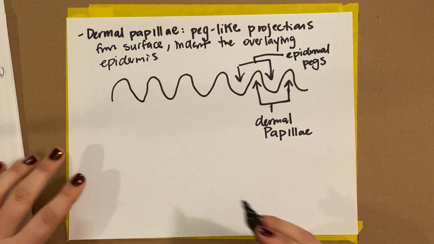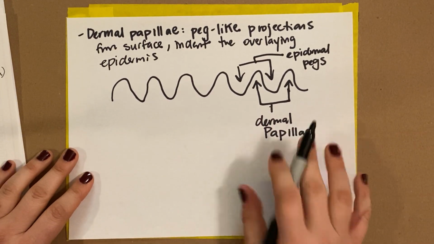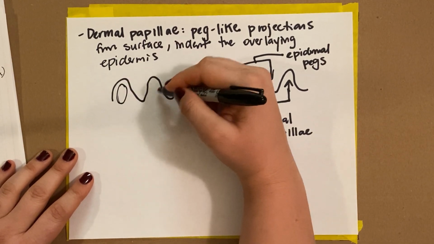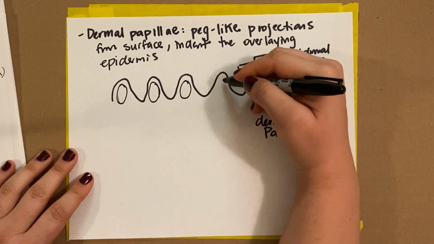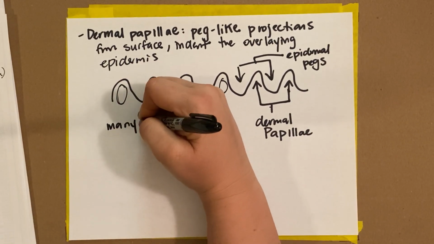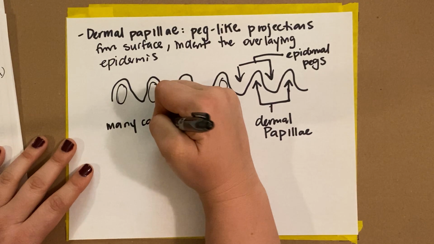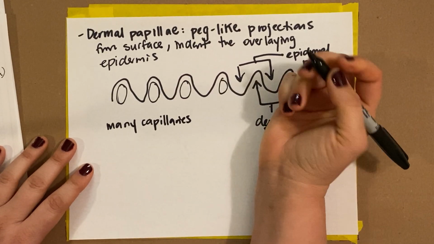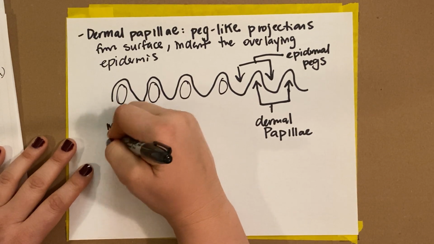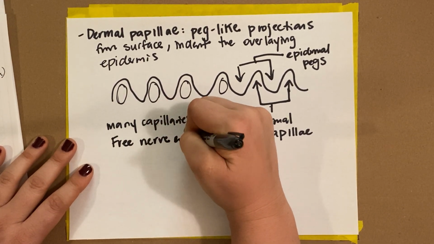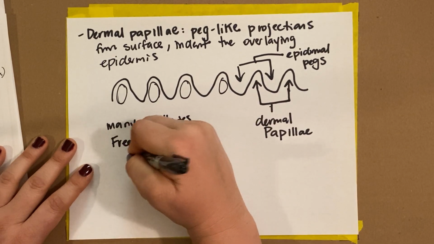All right, a little bit more about these dermal papillae. They're going to have lots of capillaries located in the peg area, so many capillaries. They're also going to have free nerve endings, and these are going to be pain receptors.